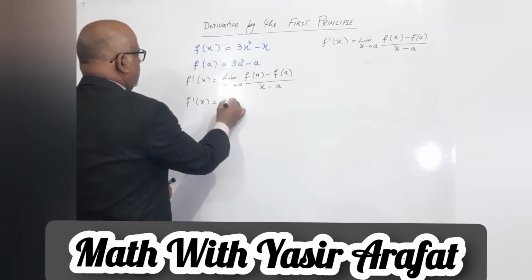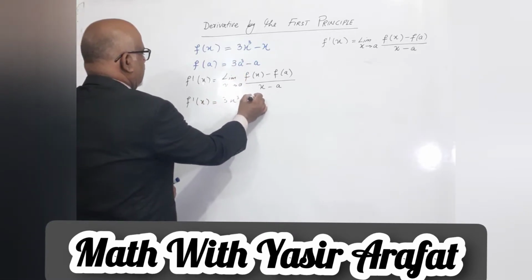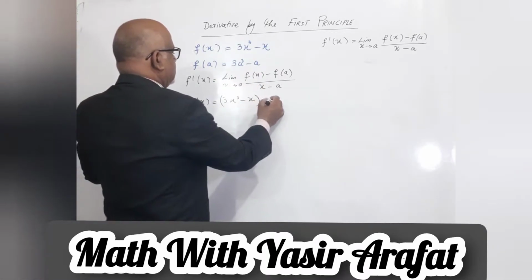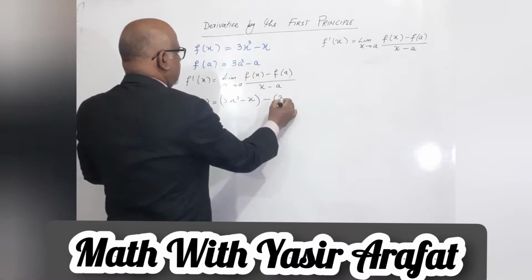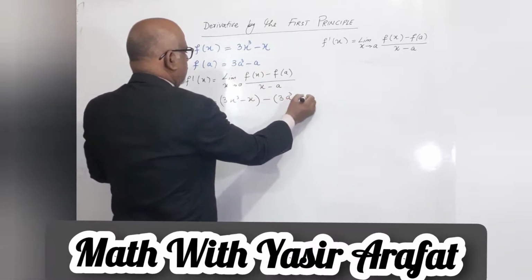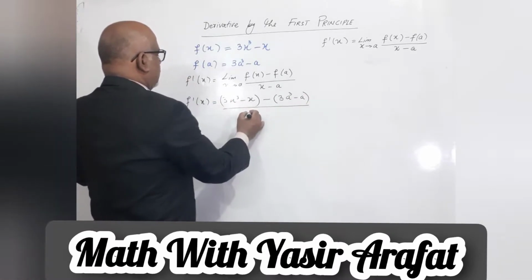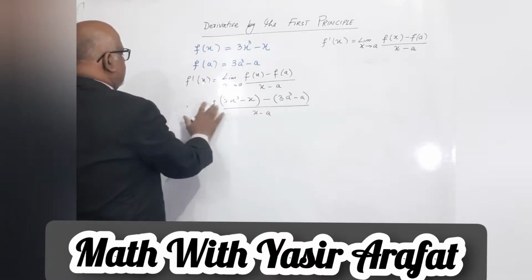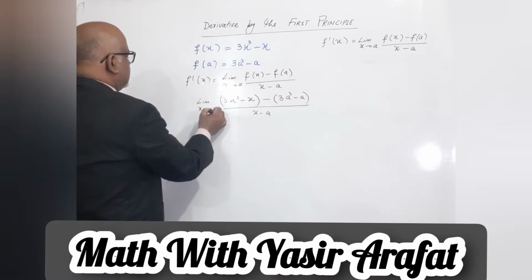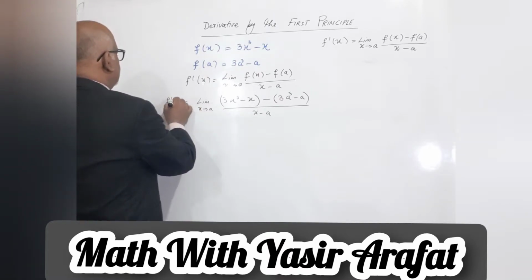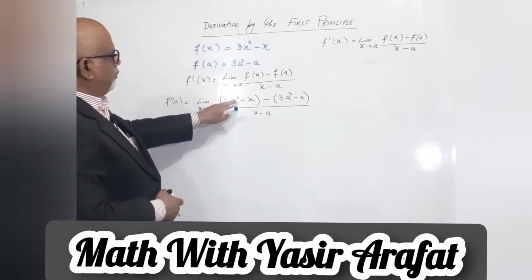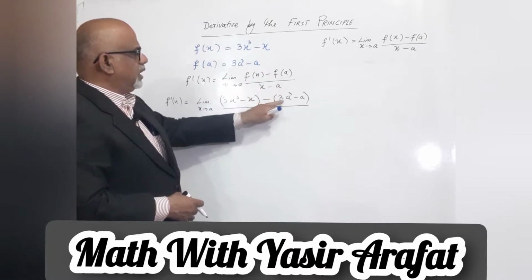That is 3x cubed minus x, this is the value of f of x, minus the value of f of a, that is 3a cubed minus a, divided by x minus a, with the limit x tends to a, which is given as f prime of x.